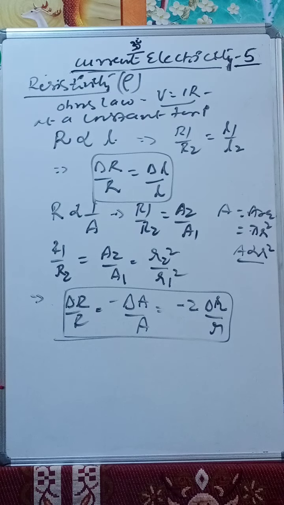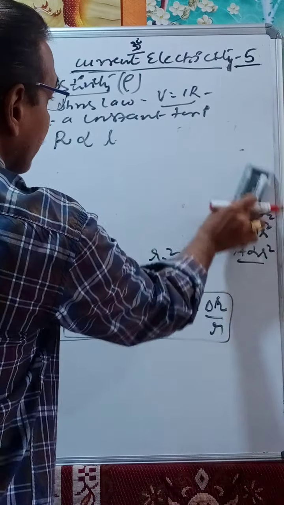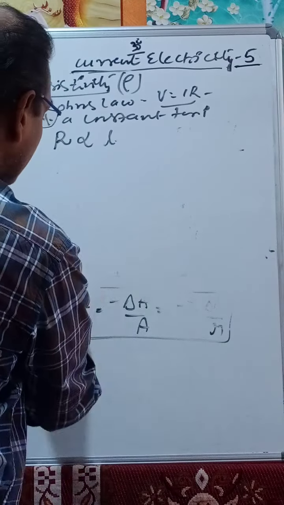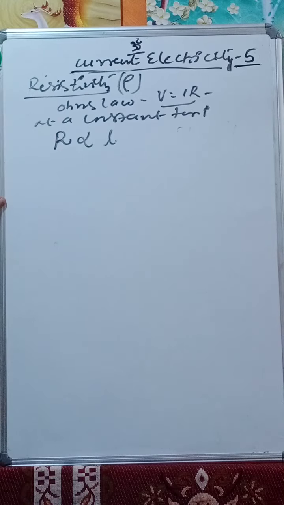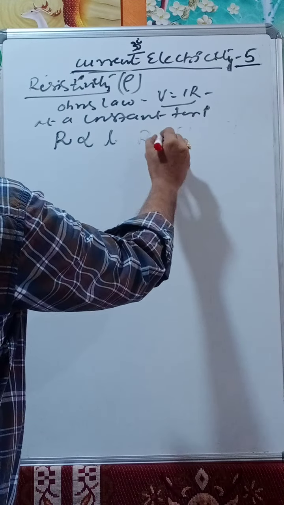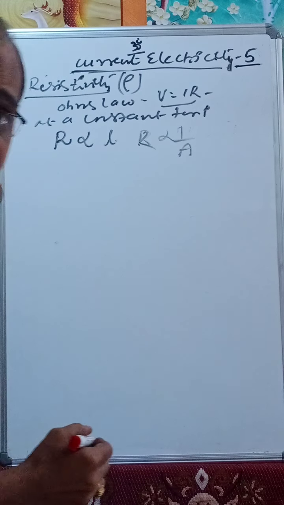Now, what is resistivity? I have discussed R proportional to L and R proportional to 1 by A, where A is the area of cross section.